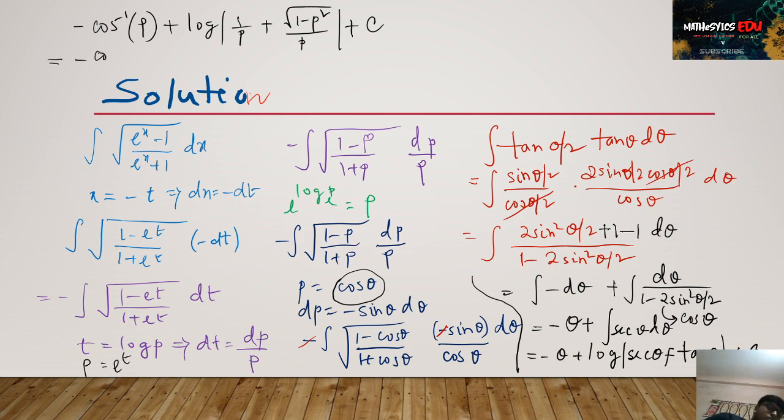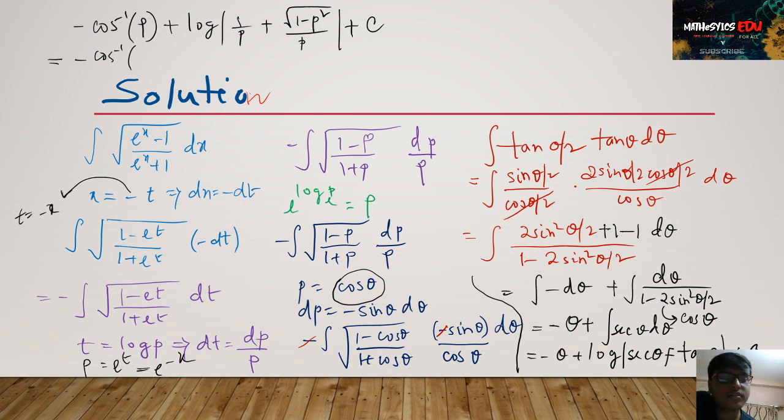And also let us do it at once. In place of t, I will write, this minus sign will go over here, and t is equal to minus x. So let us put it at once. In place of p, we will write e to the power t, which is nothing but e to the power minus x. Okay. So this is the scenario.